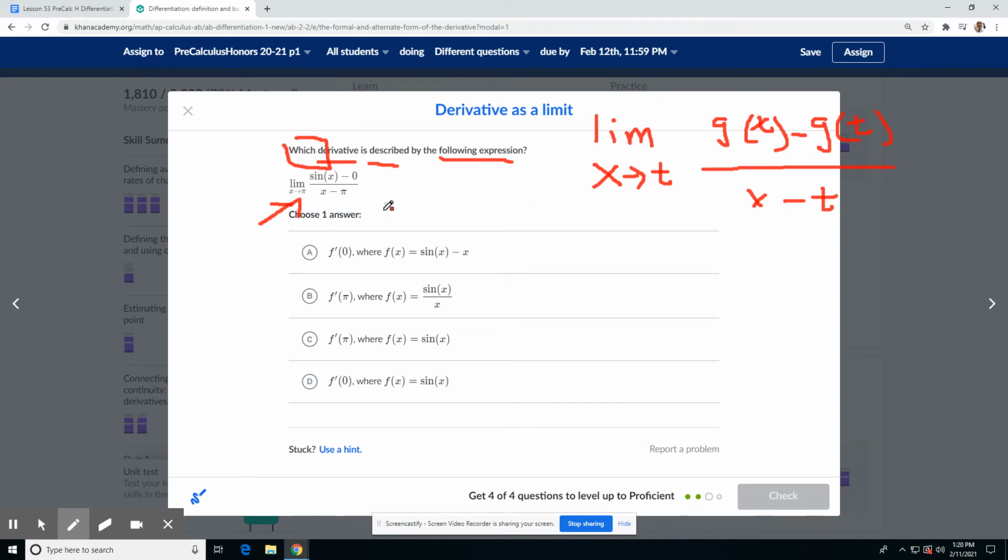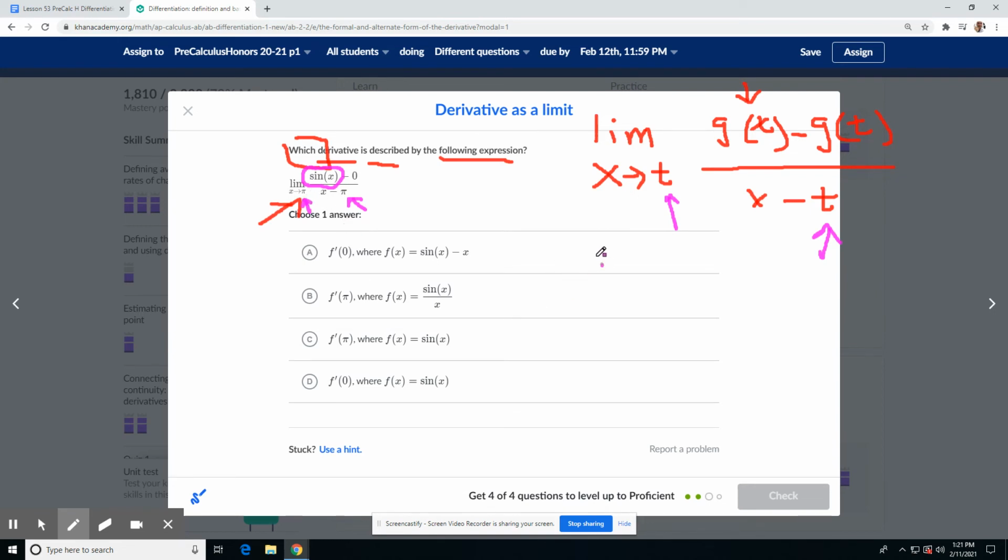Let's go ahead and analyze what we got here. So in this case, we can kind of see what our function is. This spot tells us what our function is. So that means this is our function right there. And then this is our t, or our value. It should also match right here. So notice that we have a pi here and a pi there. So that's everything that we need.